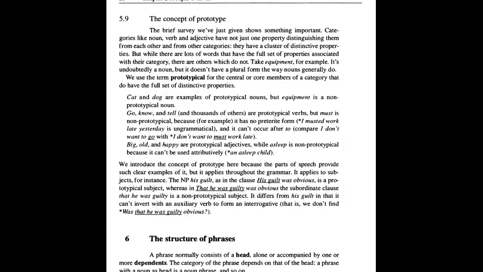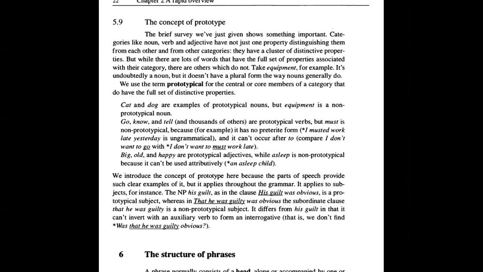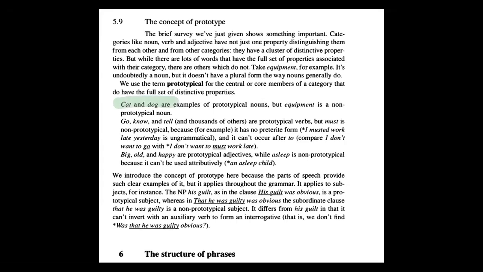Here we get the concept of prototype. We usually use the prototype for the central members of a category that have the full set of distinctive properties. For example, cat and dog are examples of prototypical nouns, but equipment is a non-prototypical noun.